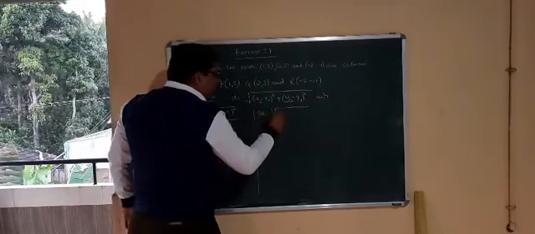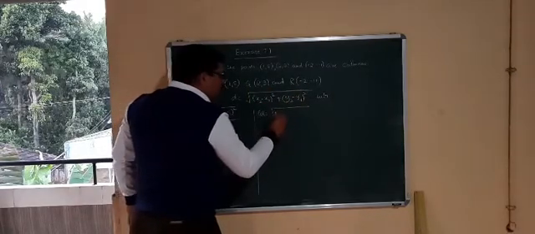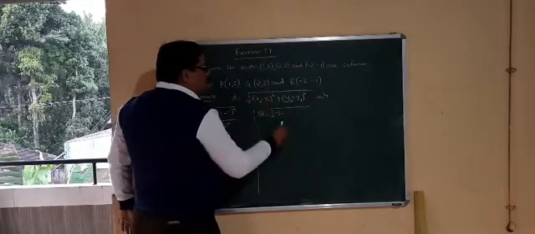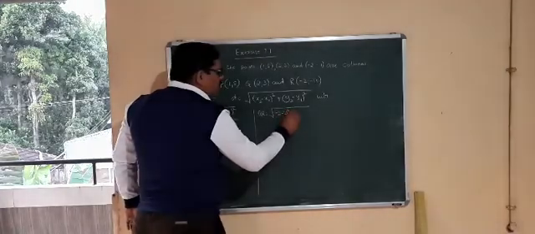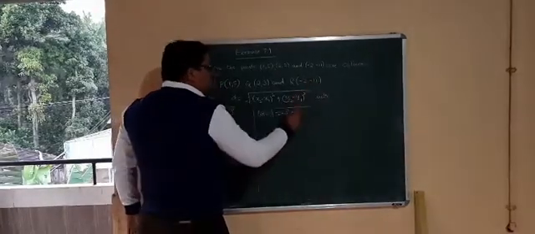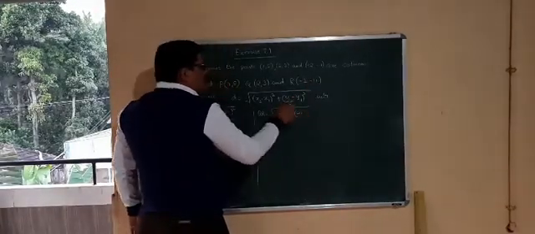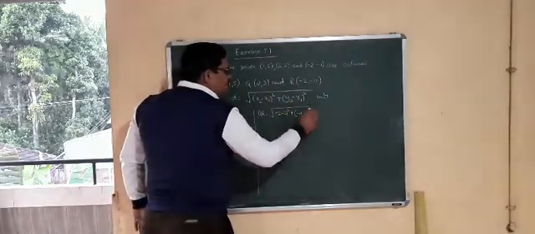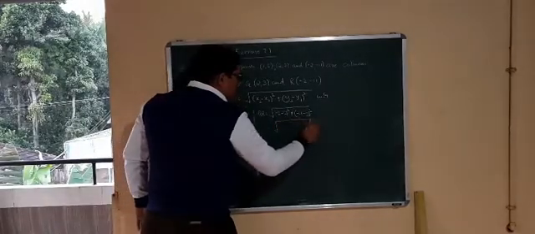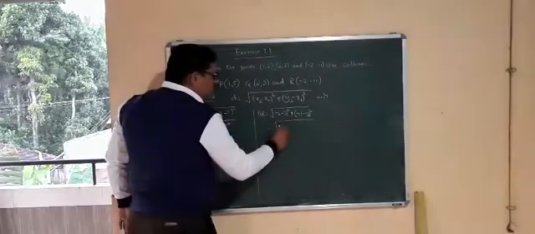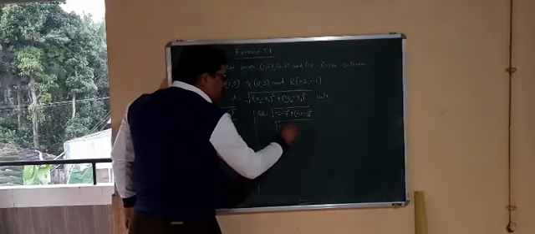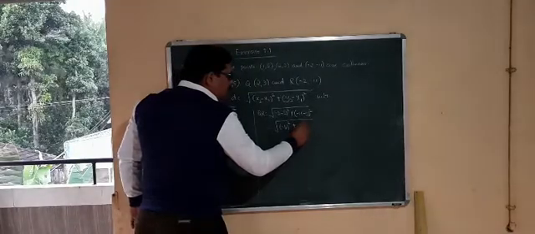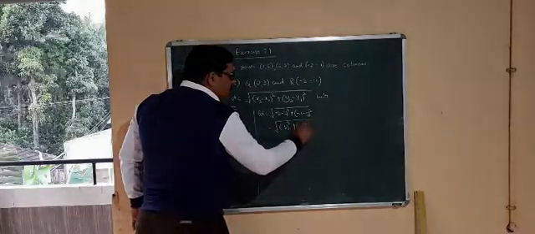Now substitute the values: (minus 2 minus 2) square plus (minus 11 minus 3) square.